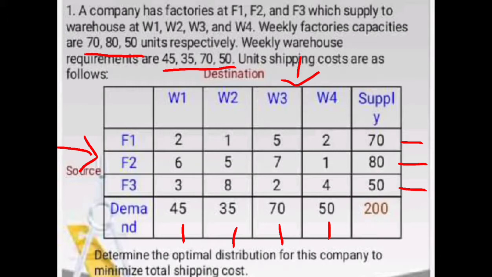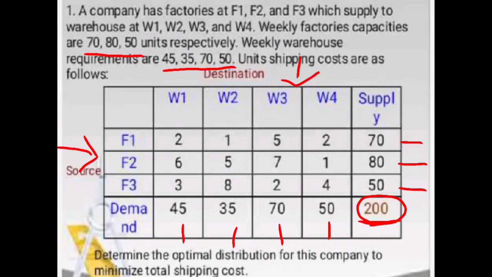We have 70 plus 80 plus 50, which is equal to 200. And then the demand, we add 45 plus 35 plus 70 plus 50, and we have again 200. So we can conclude that this transportation problem is balanced.